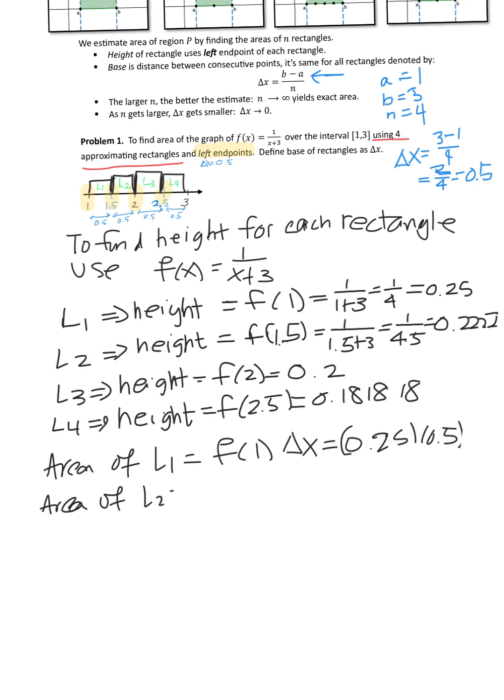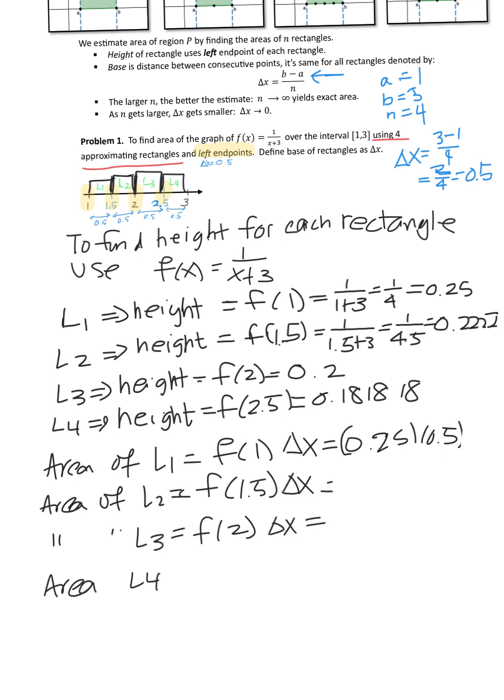The area of L2 is going to be f evaluated at 1.5 times delta x. Similarly for L3, its area would be f at 2 times delta x. And lastly, the area of L4 will be f of 2.5 times delta x.